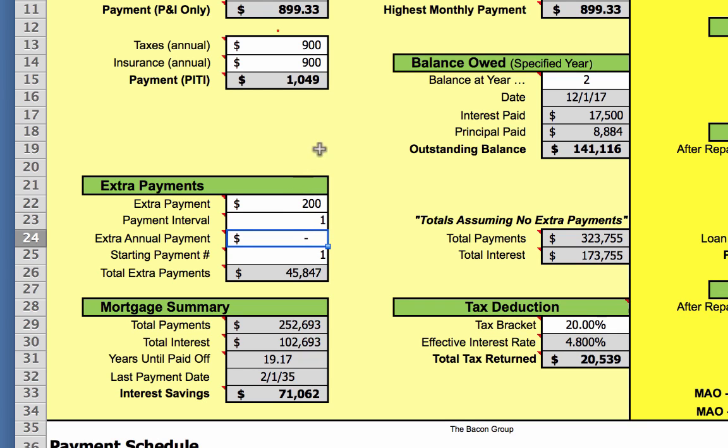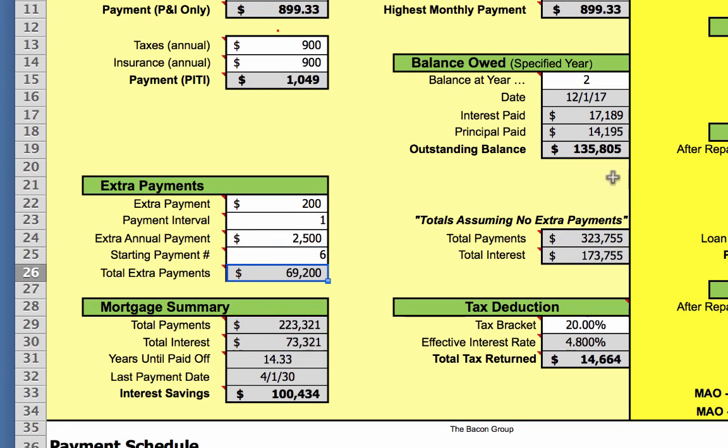Also, extra annual payment. If we would like to include an annual lump sum payment each year, say in June after the tax refunds, we might enter, say, 2,500 and 6, which represents the 6th month of the year. These payments are identified in the payment schedule below as well. So we would enter 2,500 for the annual payment, and I want to put it in every June.